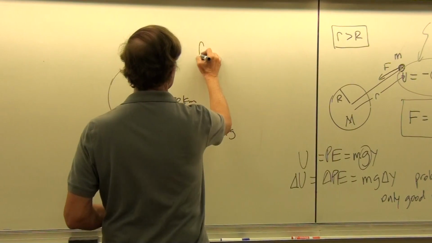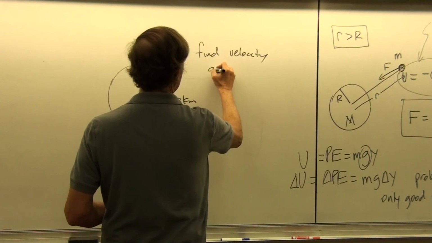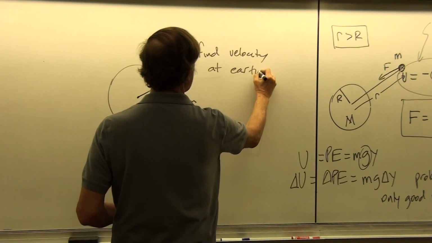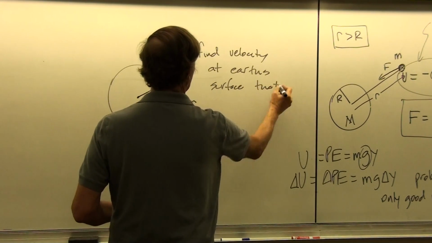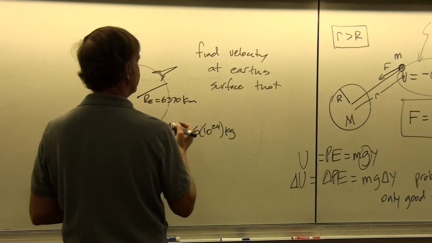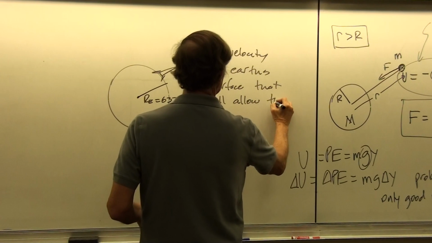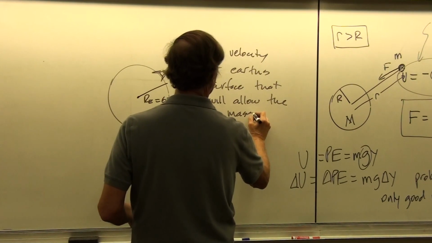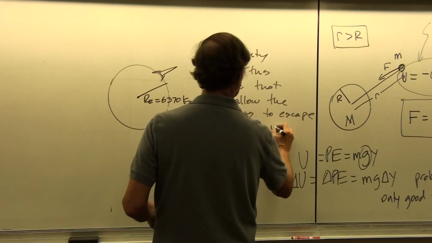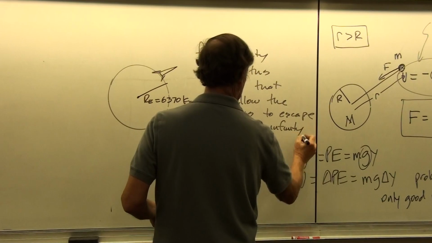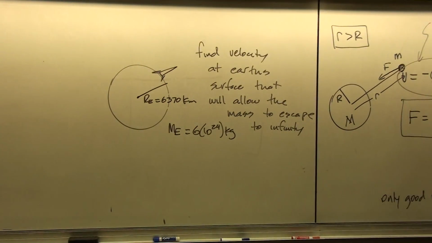Let's find the velocity at the Earth's surface that will allow the mass to escape to infinity. So in other words, achieve escape velocity. That's what we really mean when we say escape velocity.